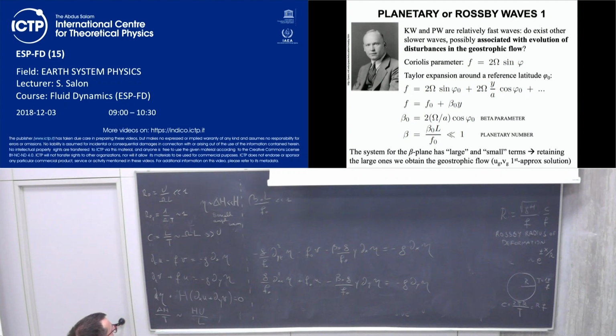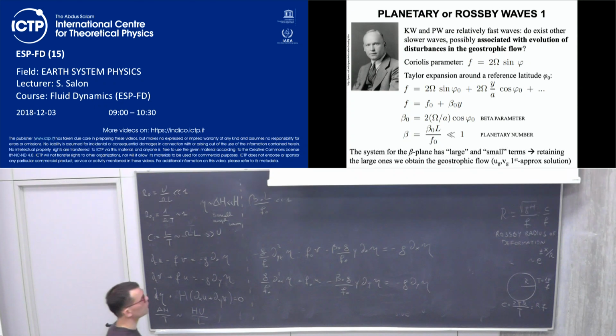So what I did, I substituted here and here the expression of the geostrophic flow and left the geostrophic term as it is. Okay?